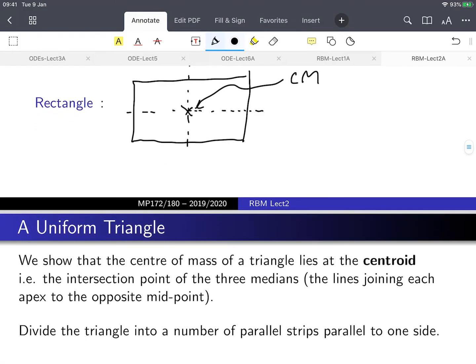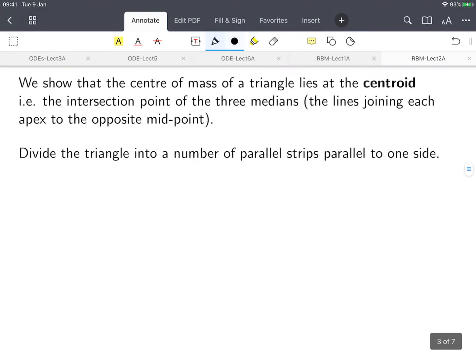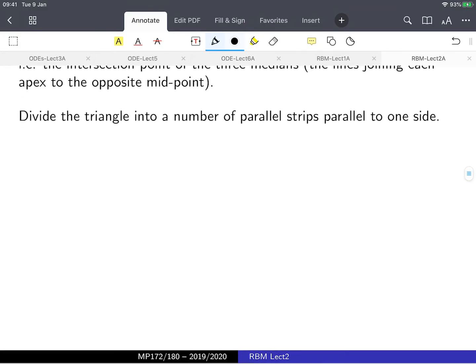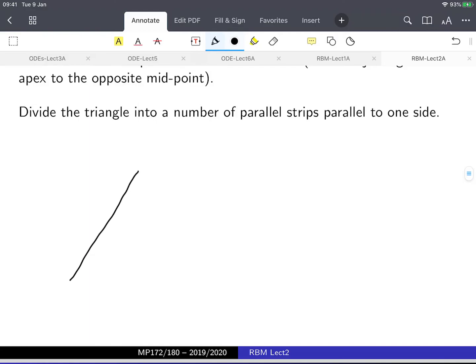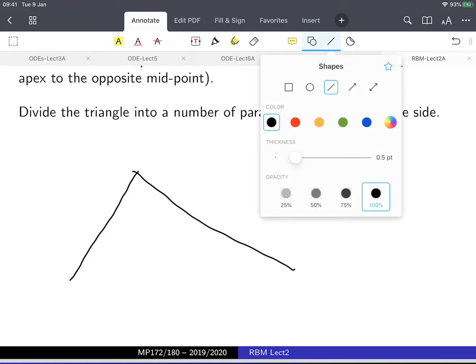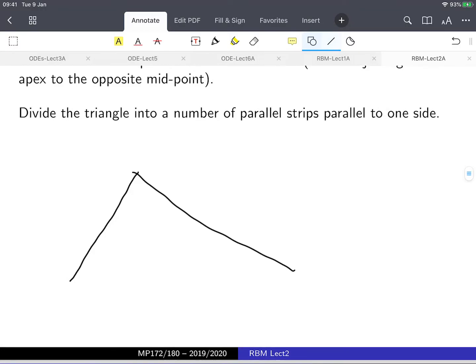What about a triangle? What if I had a triangle with sides of any length? How am I going to find the center of mass? What I do is divide the triangle into thin strips.